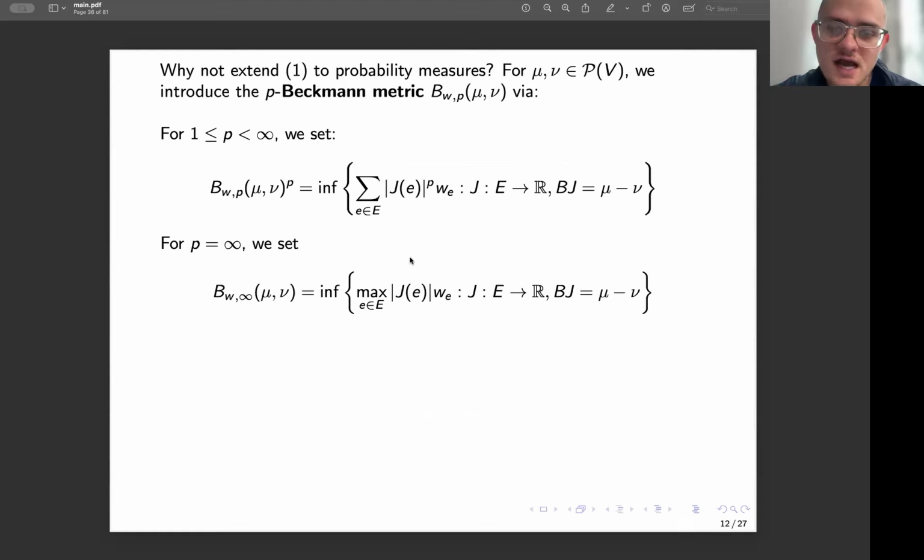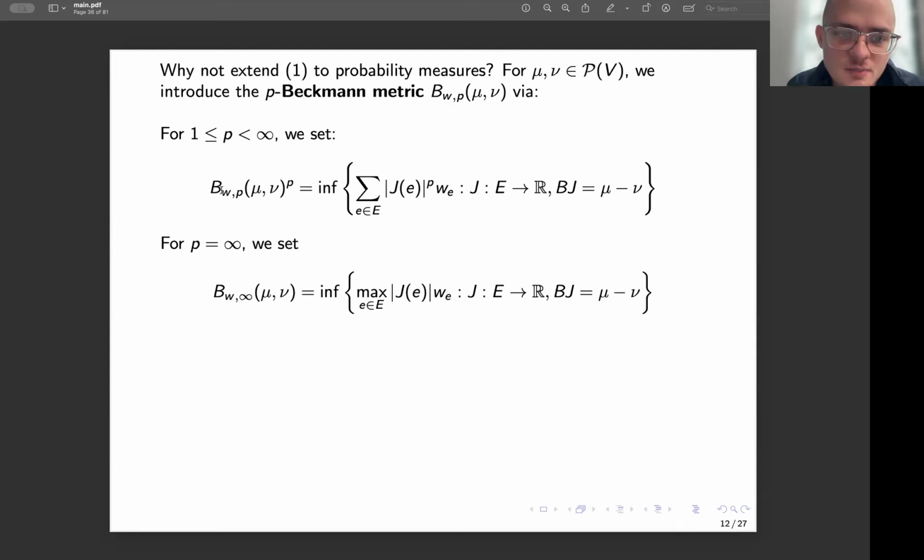And the penalties now are just weighted p norm penalties, right? For p between 1 and infinity, we just use a standard weighted p norm, and then for p equals infinity, we use a weighted infinity norm. And one thing that I'll note here, just as a notation comment, is that I'm going to put the weight here as a subscript of the Beckmann metric, and that will be important in results I'm about to state, as well as results I state later.